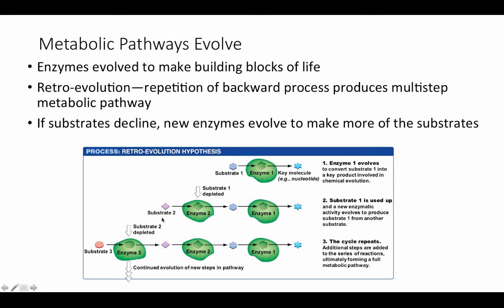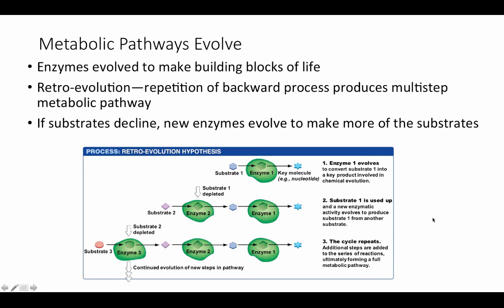But eventually this substrate is going to get all used up too, making all of these other products. And so then another enzyme evolves that uses a different substrate to create more of this substrate number 2 to be able to ultimately get to the final product. And so the cycle is going to repeat.